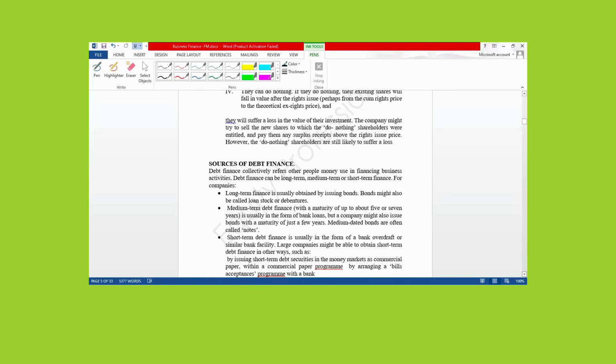A loan stock may be issued at a premium or at a discount or at par. The par value is the nominal value. Nominal value of a bond is usually 100 naira or 1,000 naira.